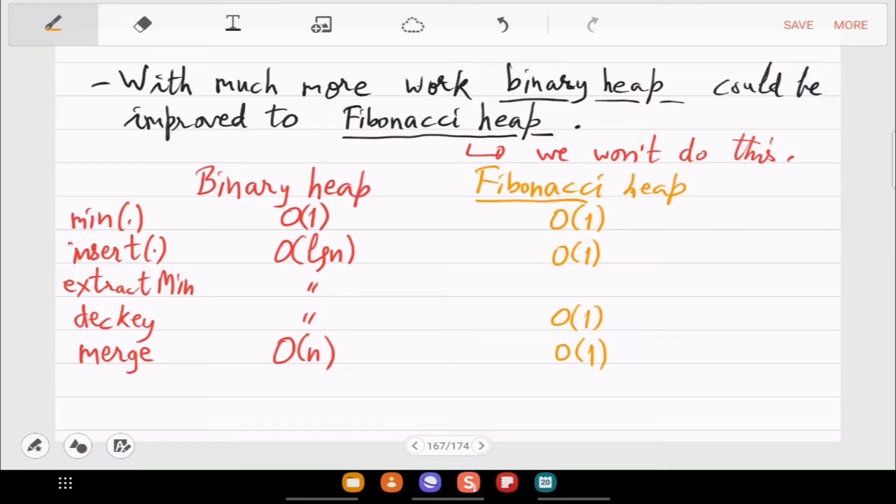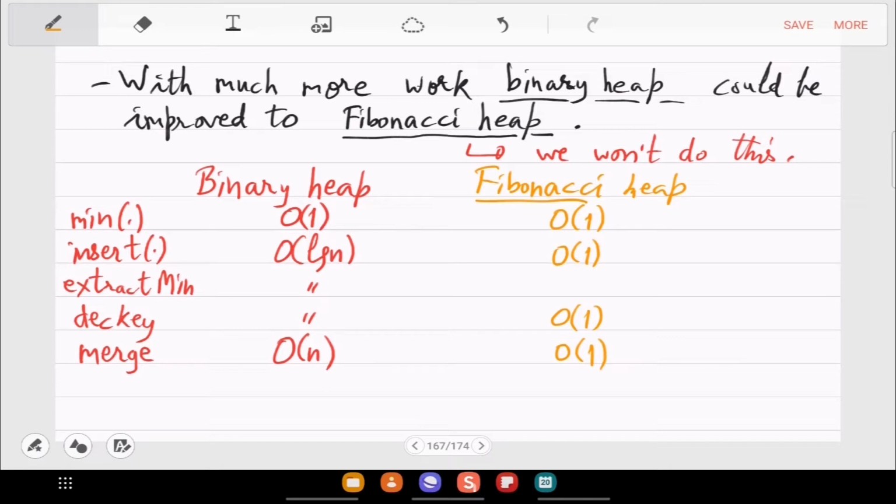Suppose extract min, you have a heap data structure where everything is constant time. What would it mean for sorting? Right, so then you can sort an arbitrary array in linear time. Okay, that is an open question. That is not known how to do.